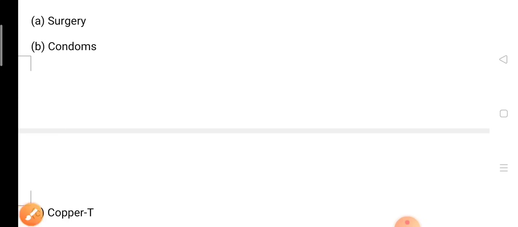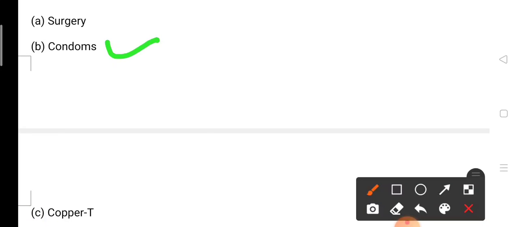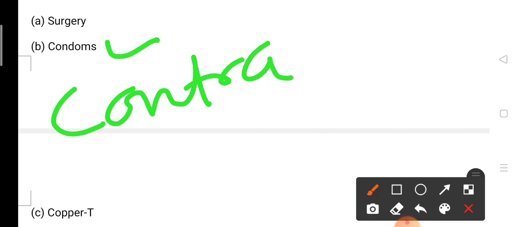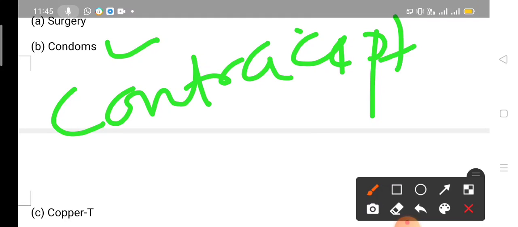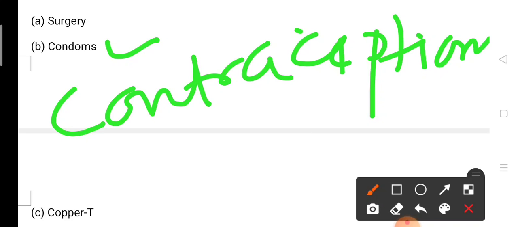So only condoms can protect from STDs as well as act as contraception. It means it is responsible for both contraception as well as protection from STDs.